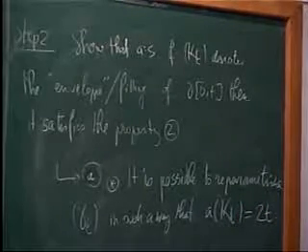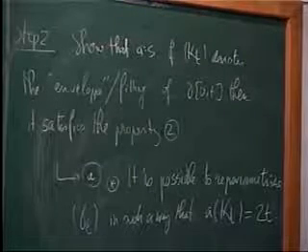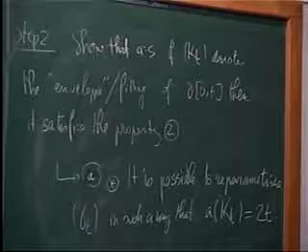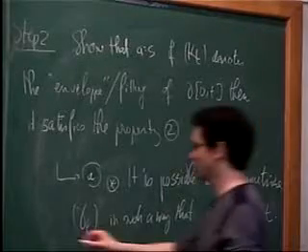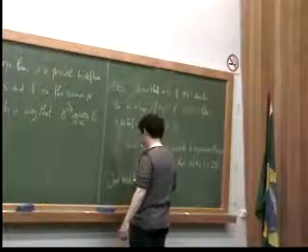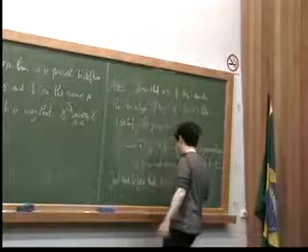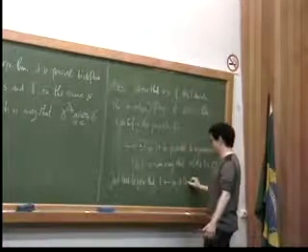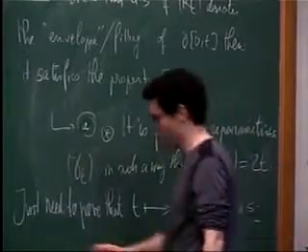So when can you reparameterize a continuous curve in such a way that this a(K_t) is equal to 2t? Well, we just need to prove that t gives a(K_t) is almost surely increasing.